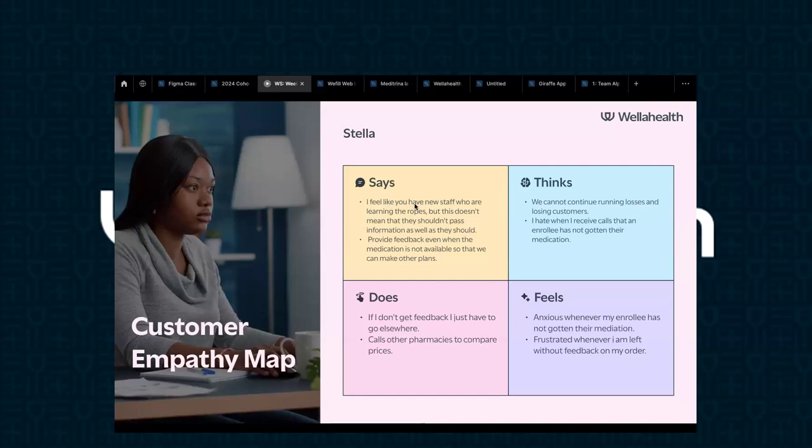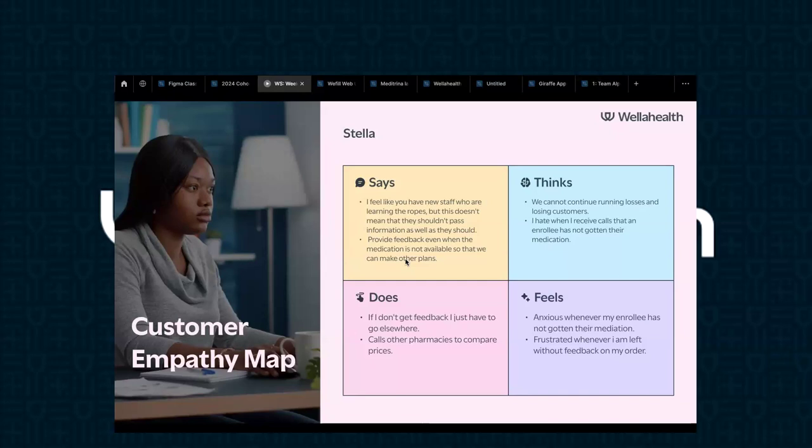And that's the frustration for them. And then they say things like, provide feedback even when medication is not available so that we can make other plans, right? So they feel there is this communication barrier where somebody asks you if you have something, and if you don't have it, or if you are unable to solve that person's problem at that time, you don't get back to them until you solve that problem.